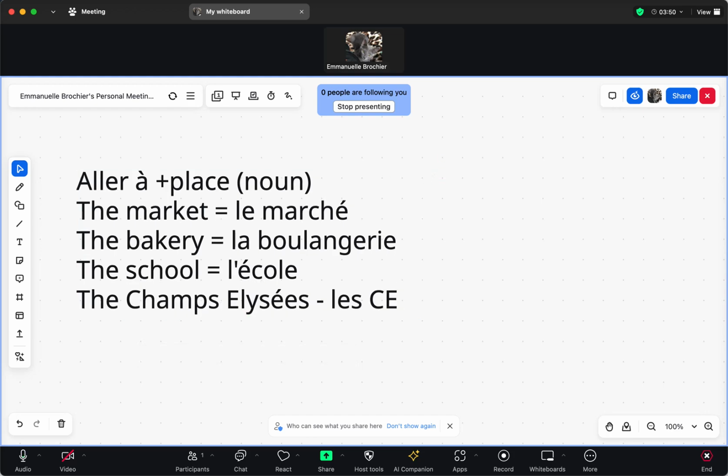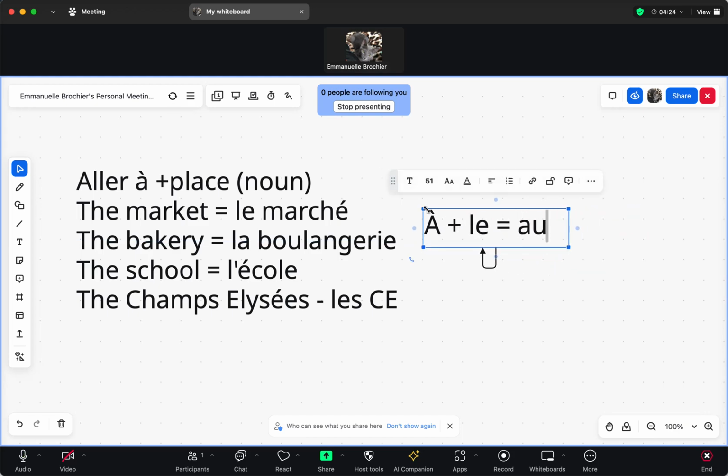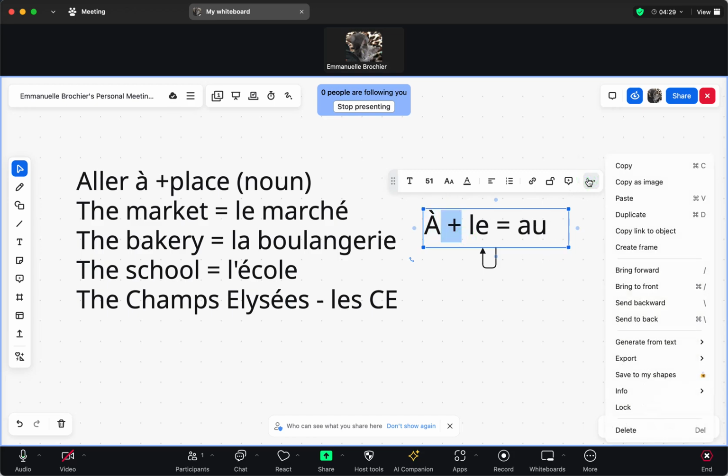I'm going to make another screen here. In this instance, I'm going to have à plus le here. I'm trying to make sure I'm not going to make any mistakes. Let's see. À plus le equals au. I don't know how to move it, so maybe I'm just gonna delete it.